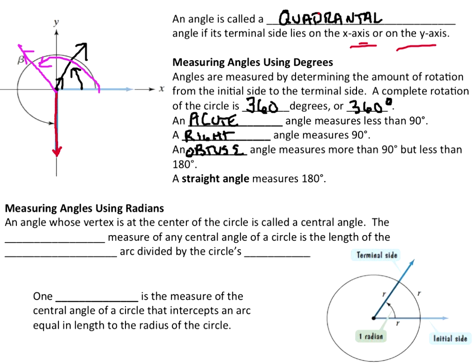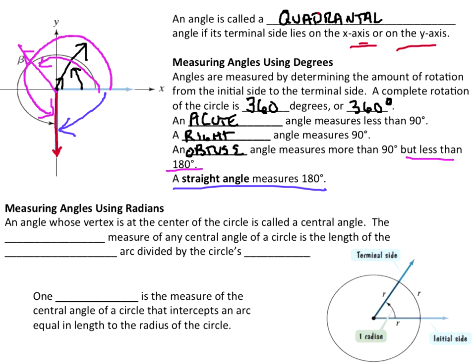Actually, our example of the quadrantal angle here, if you consider it in its positive form, I don't know that that's considered an obtuse angle. Oh yeah, but less than 180. Actually it's not an obtuse angle, because we have this angle here that would be considered acute. So it's got to be more than 90 but less than 180.